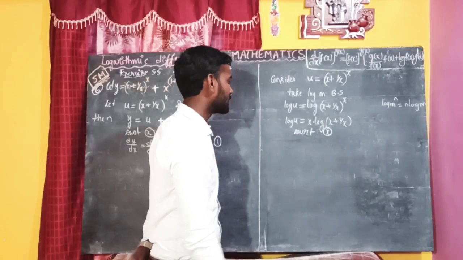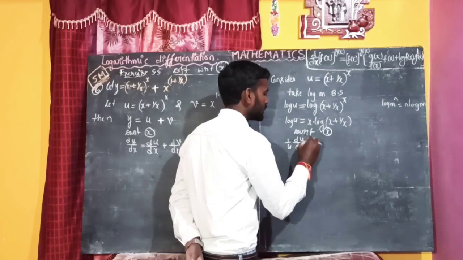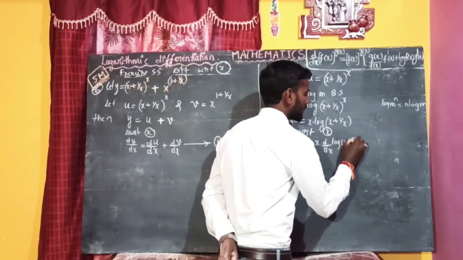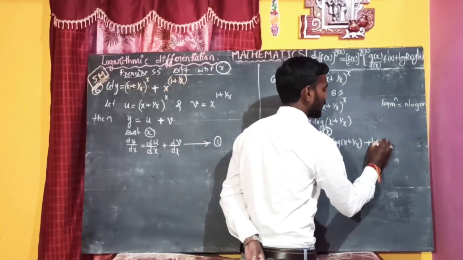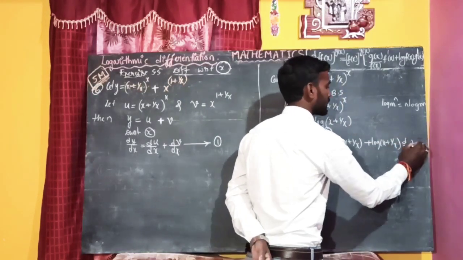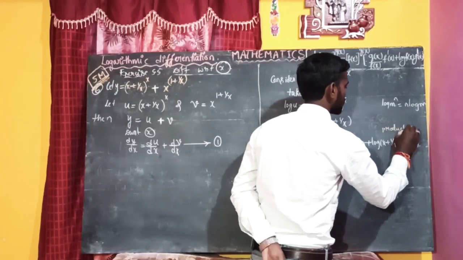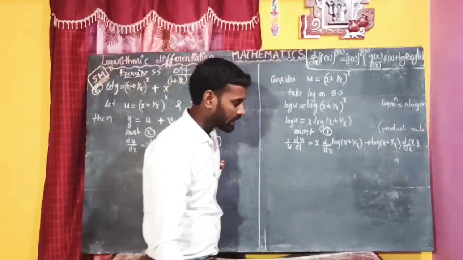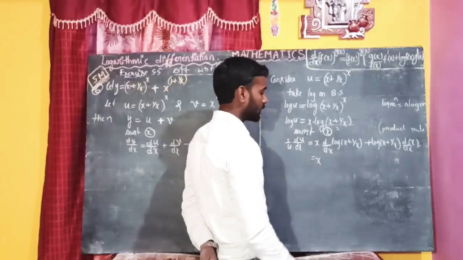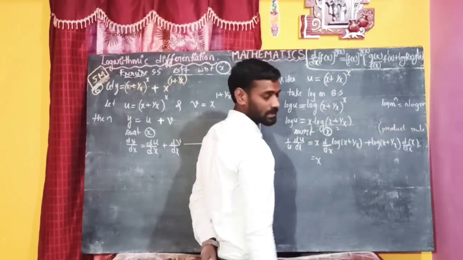Derivative of log u with respect to x is 1 by u into d by dx of u, that is equal to, by product rule, first function x into d by dx of second function log of (x plus 1 by x), plus second function log of (x plus 1 by x) into derivative of first function x.